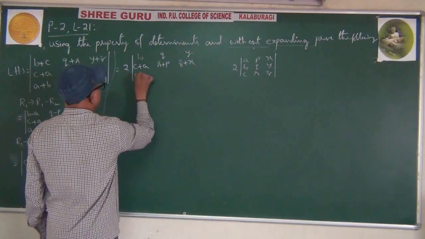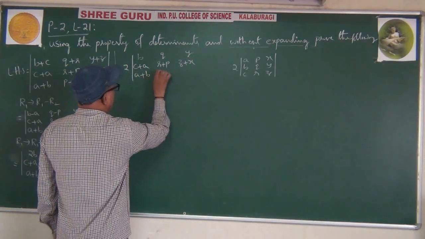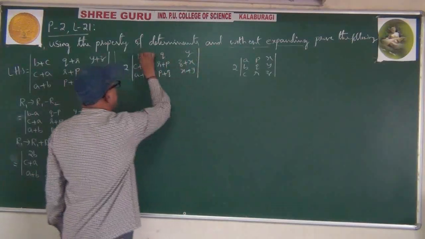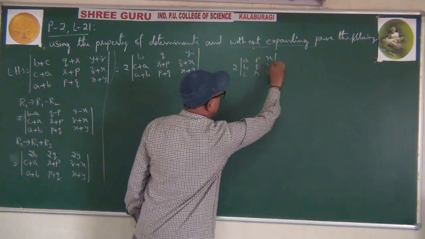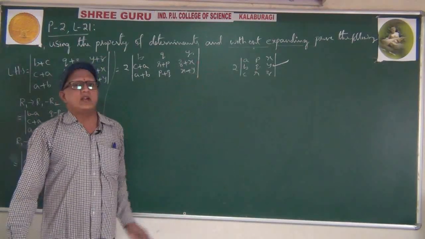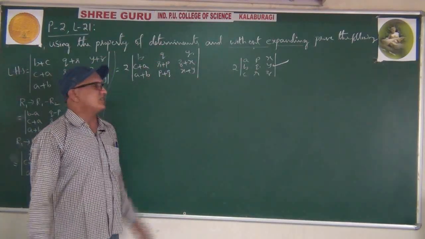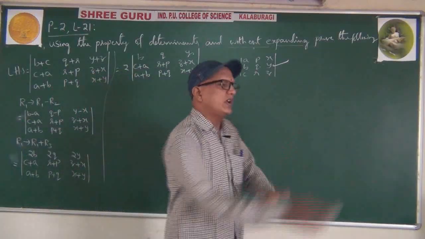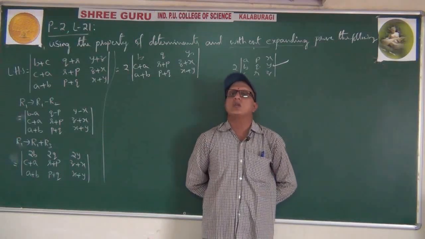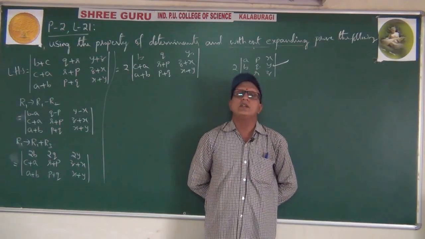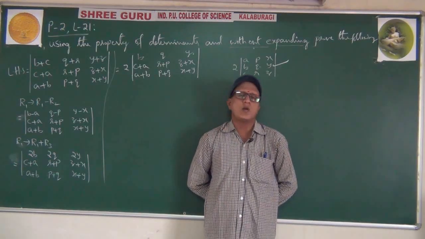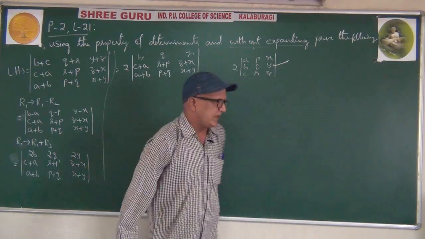Observe carefully. B, Q, Y is there. We want that one. Sir, where do you want B, Q, Y? That is in the second row, but we got it in the first row. At least in the first row we got it. Later on we can interchange. If you interchange any 2 rows or any 2 columns, the sign will be changed. That property is there. By using that property we can interchange, but not immediately.